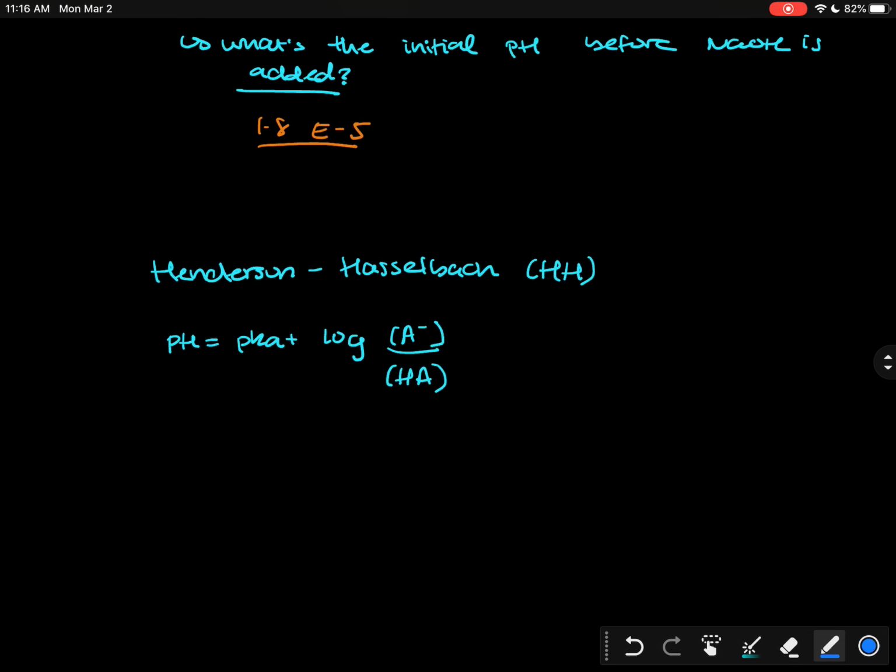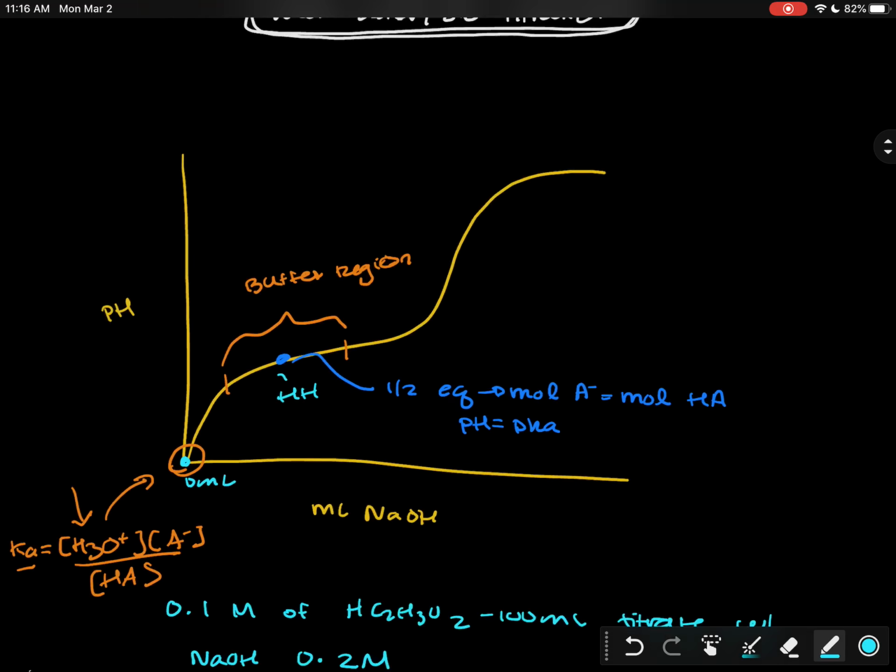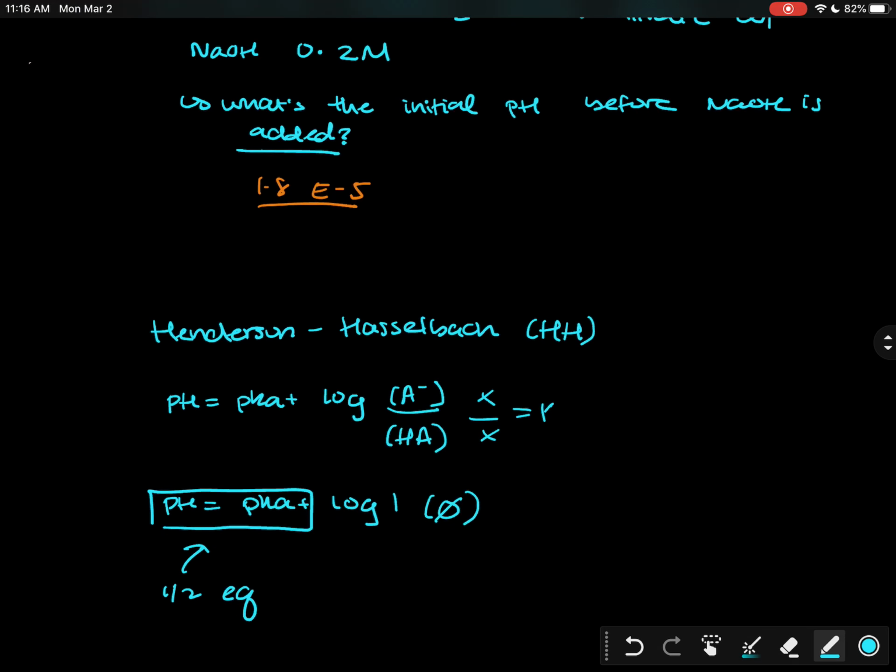This makes sense looking at this equation, because it's the log of x over x, which is just the log of 1, which is 0. So that's where we get pH equals pKa at the half EQ. But yes, we can use this equation anywhere within the buffer region.